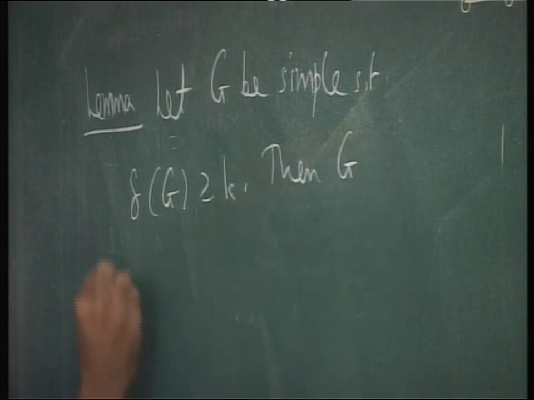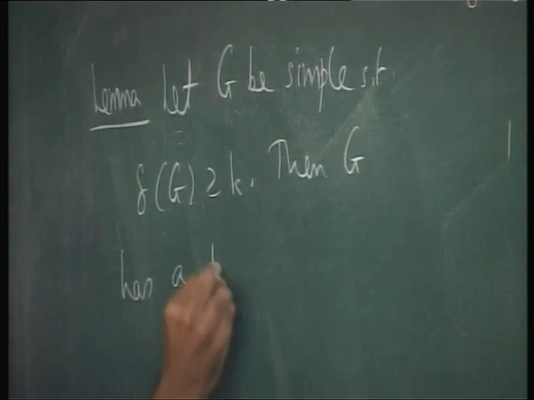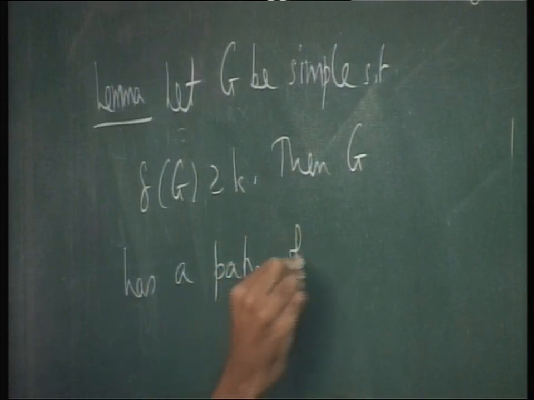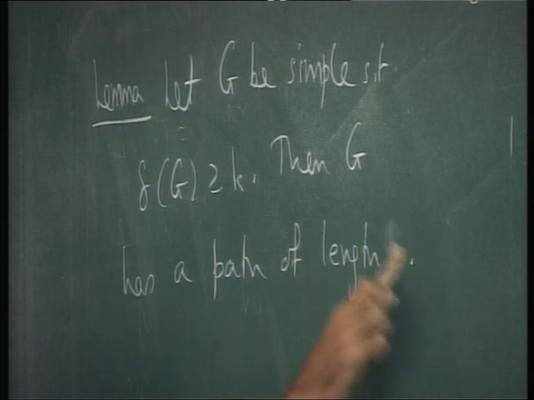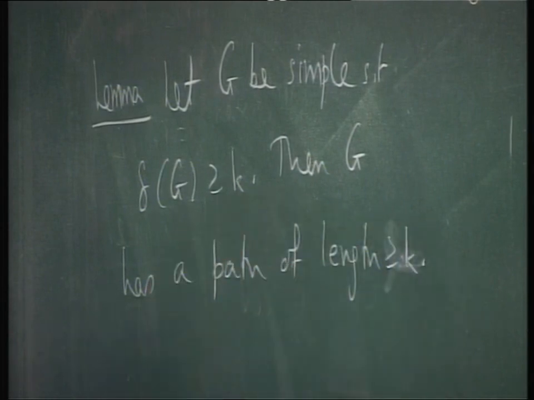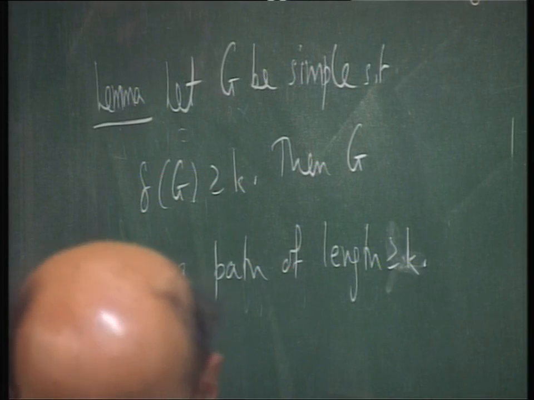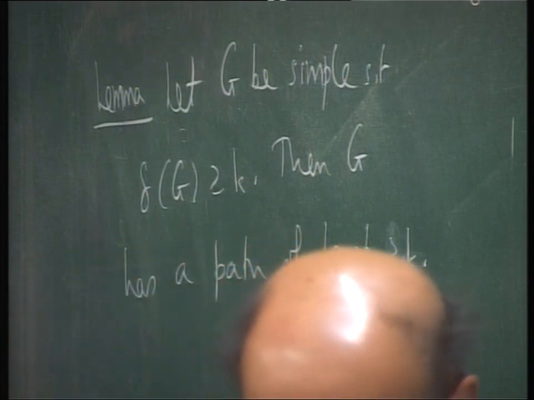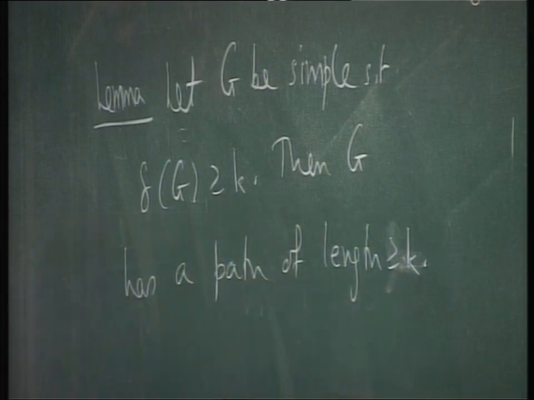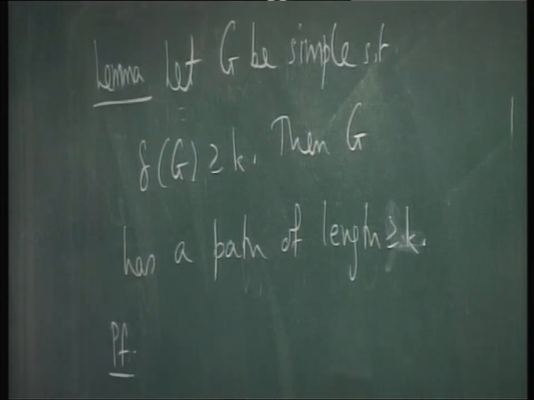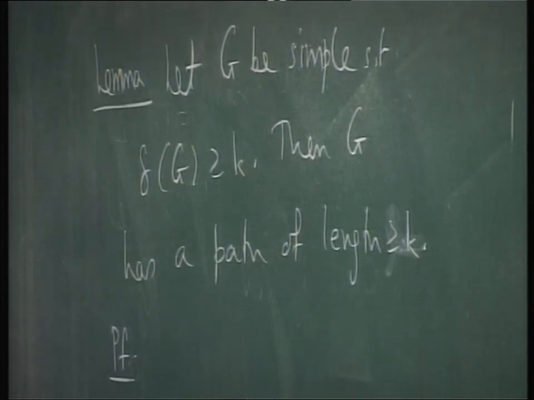Then G has a path. These are standard proofs in graph theory.